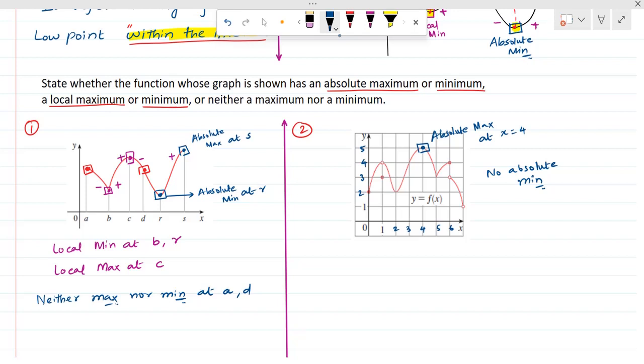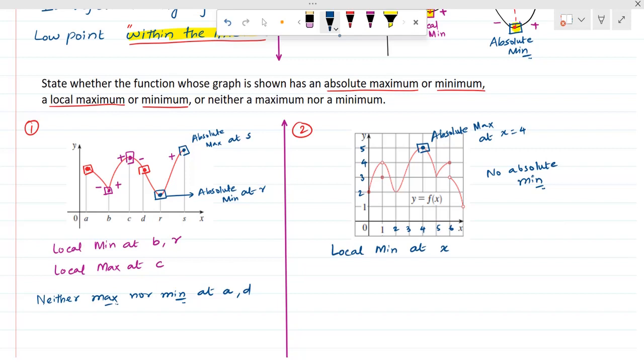What is the local maximum and minimum here? The local maximum is the same point you will have. I write the local minimum values. Local minimum at x equals 1.